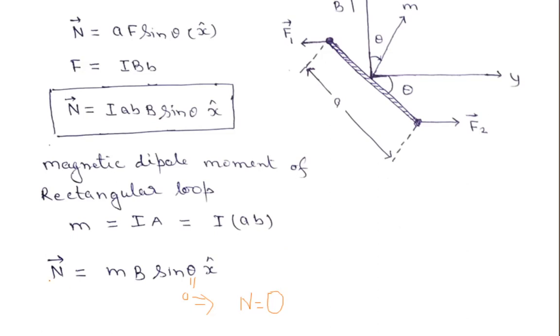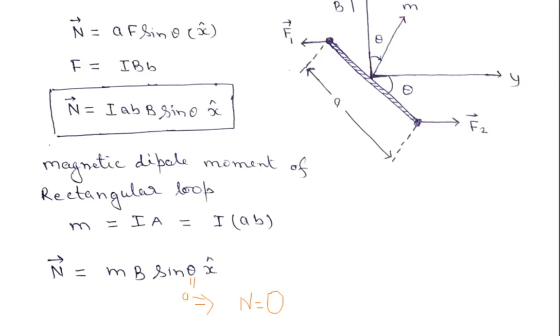That means the torque acting on the dipole will try to align the dipole in the direction of the field, and if theta is equal to 0, the dipole is aligned in the direction of the magnetic field. So this torque will try to align all dipoles in the direction of the magnetic field.